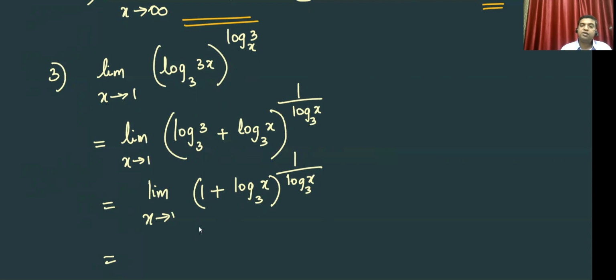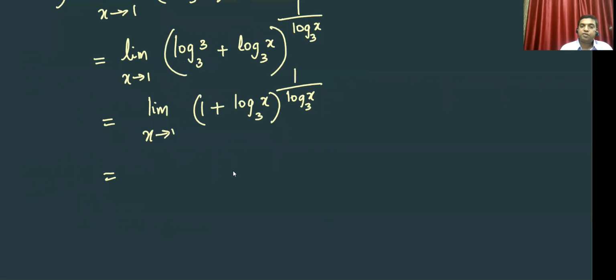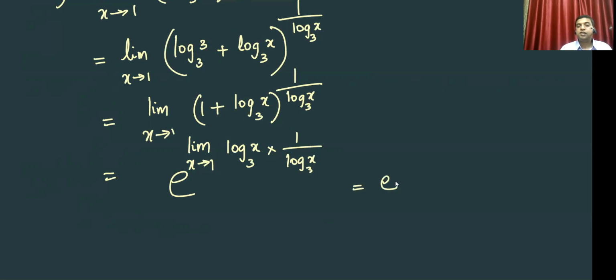As x tends to 1, g of x tends to 0. So the exponent is 1 upon 0. This is e power limit x tends to 1, log x to the base 3 into 1 upon log x to the base 3. This is e power 1, which is equal to e.